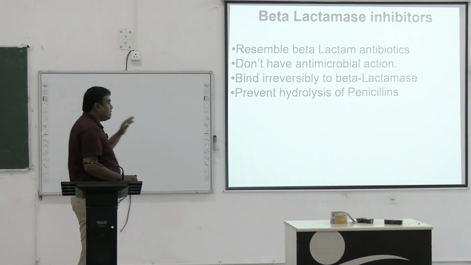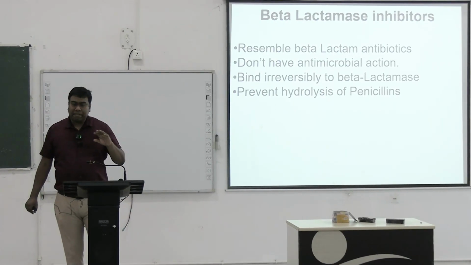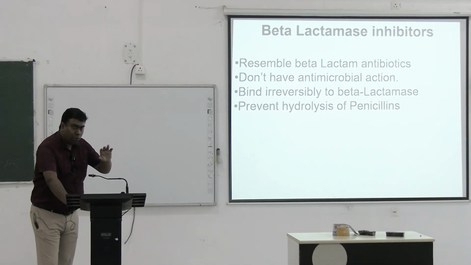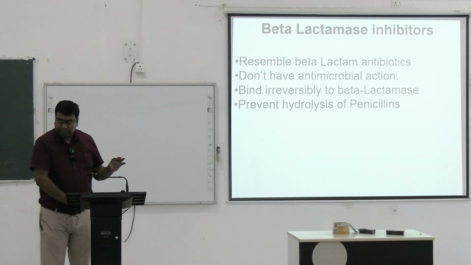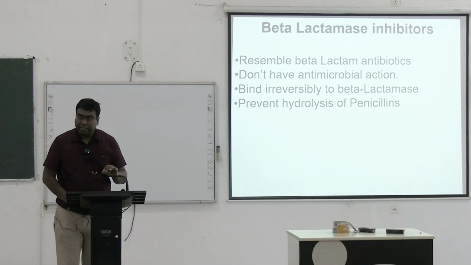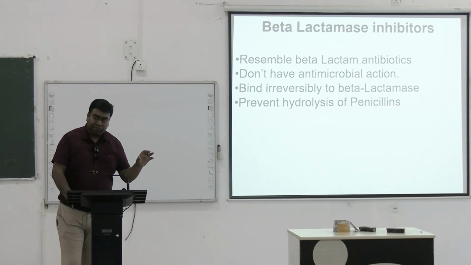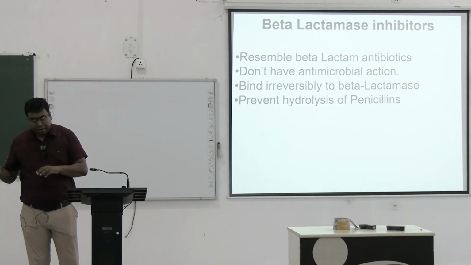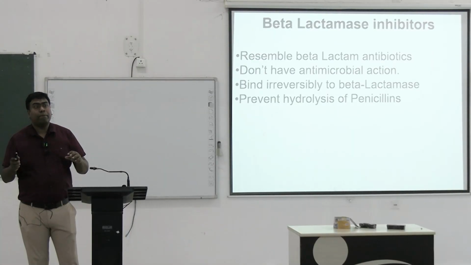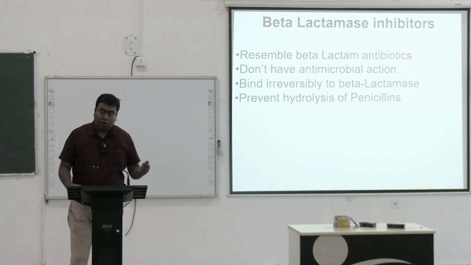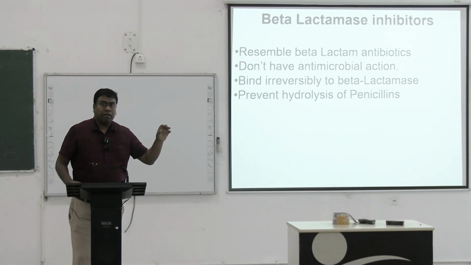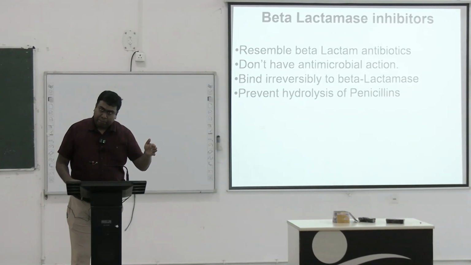Now beta-lactamase inhibitors, these drugs have no antimicrobial property, but they have a beta-lactam ring. So when we give these drugs along with a beta-lactam antibiotic in a beta-lactamase producing organism, this beta-lactamase is going to destroy the beta-lactam ring.